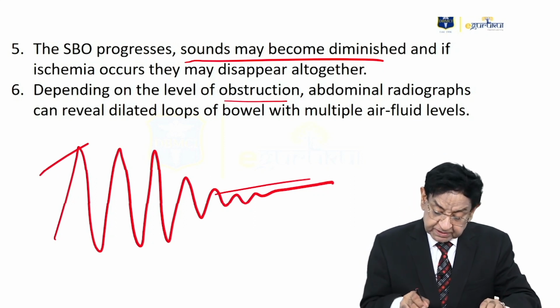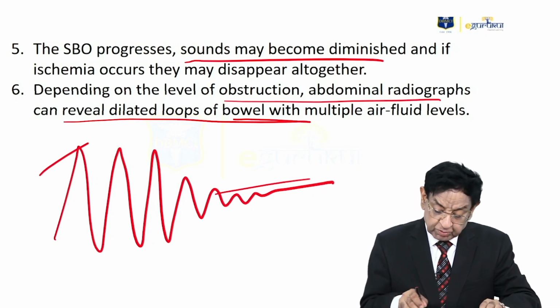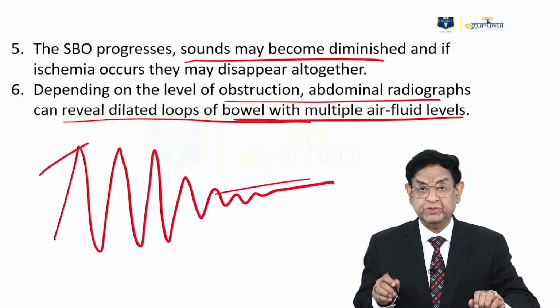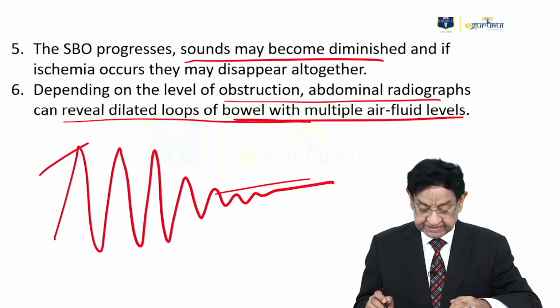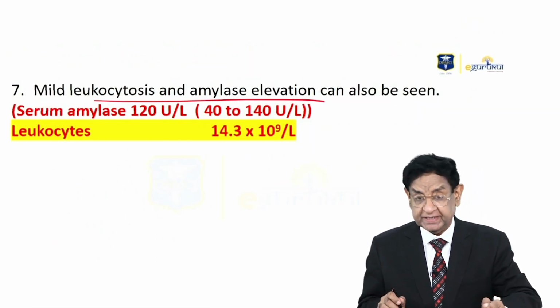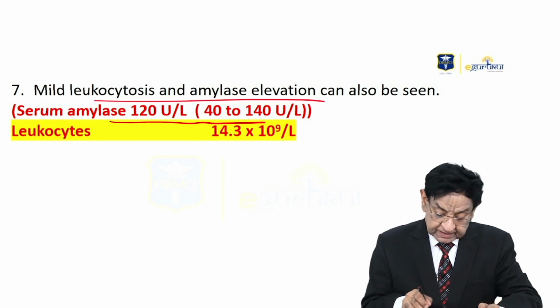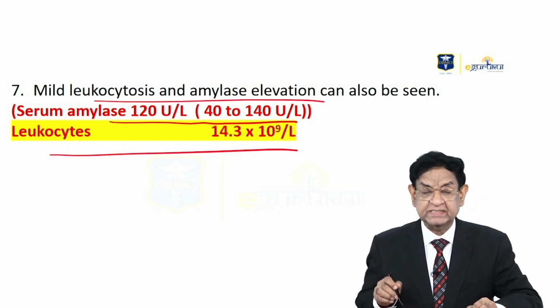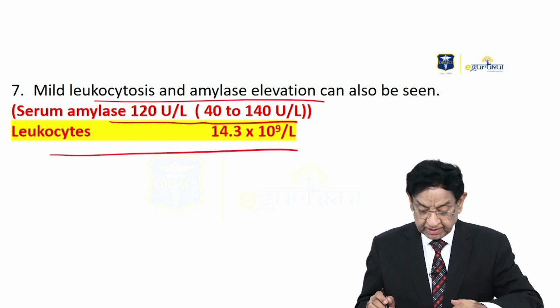Depending on the level of obstruction, abdominal radiograph can reveal dilated loops of bowel with multiple air fluid levels, which I have shown you in the X-ray. Mild leukocytosis and amylase elevation can also be there. Like in our case, the amylase level is slightly increased and TLC count is also more than normal range.